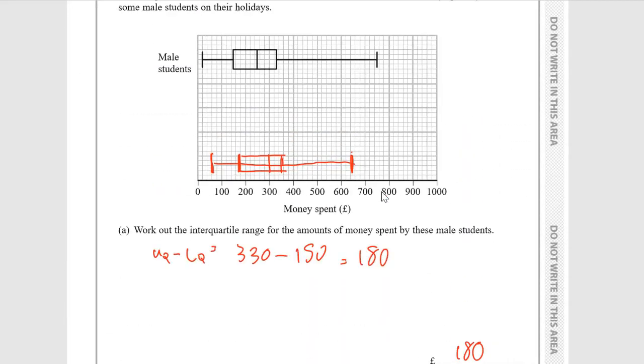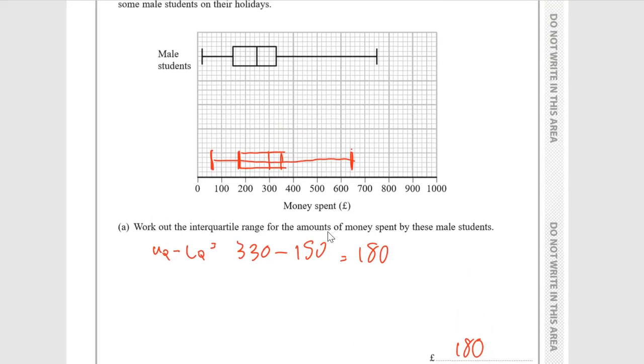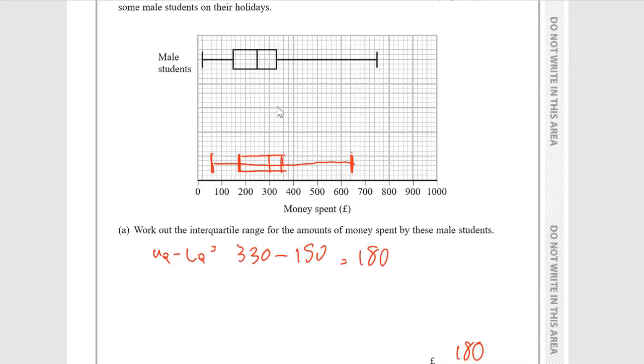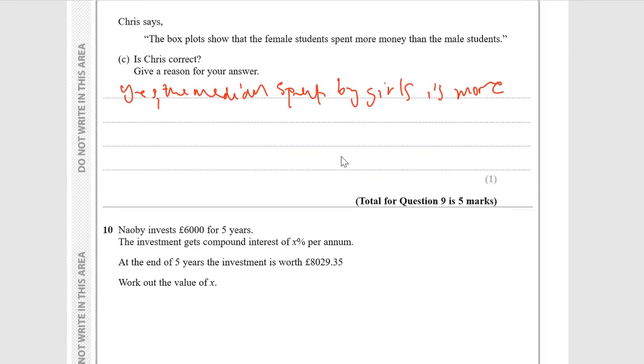So you can see that the median was 300, whereas for the boys it was less than that, I think about 250. Or you could have said yes, the lowest amount spent by the girls is higher.